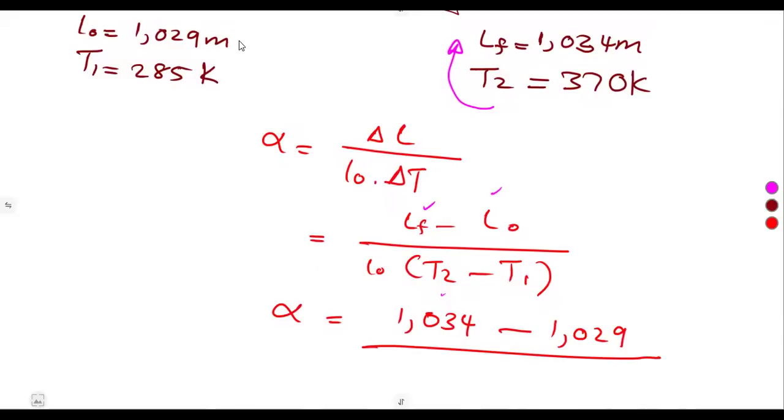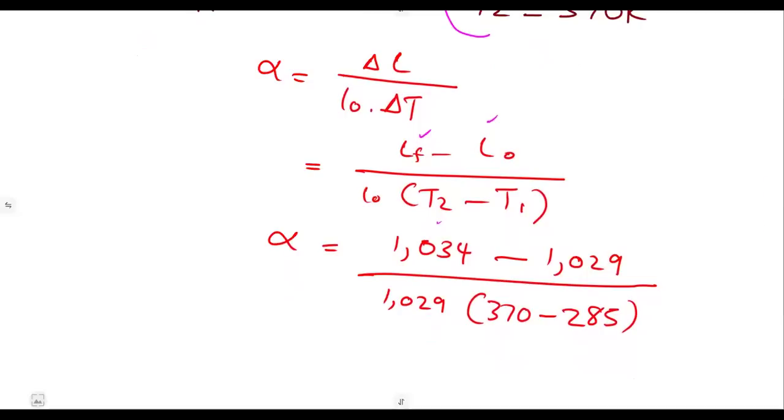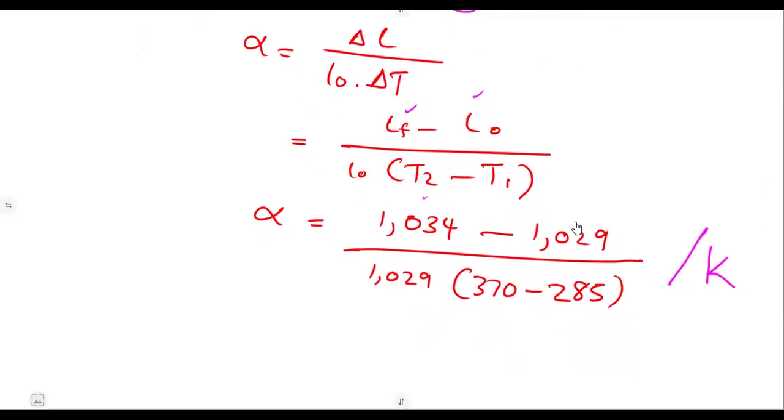Everything over the original length, 1.029, times the change in temperature, T2 minus T1, 370 minus 285. Take note, you are using the temperature in Kelvin. So your answer here must be per Kelvin. All right, so use per Kelvin on your answer.